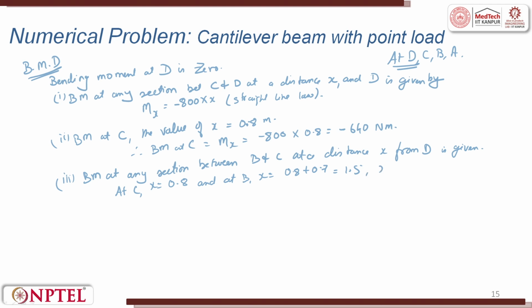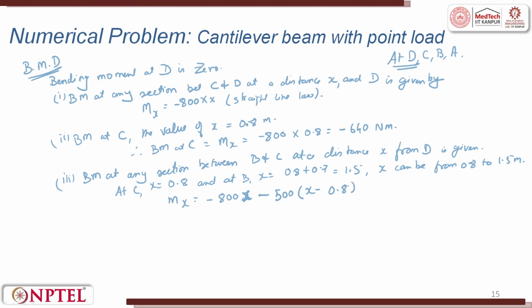So hence x can be from 0.8 to 1.5 meters. So, Mx is equal to minus 800 x minus 500 into x minus 0.8.